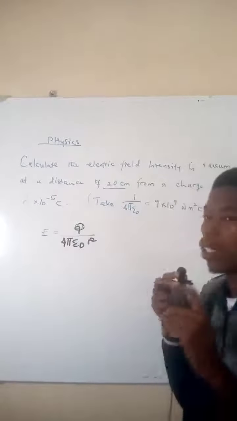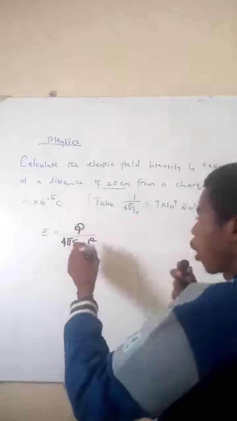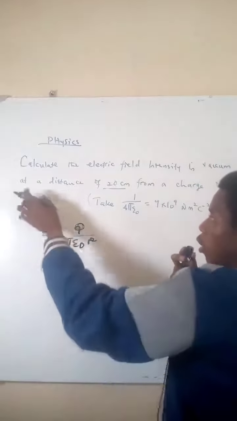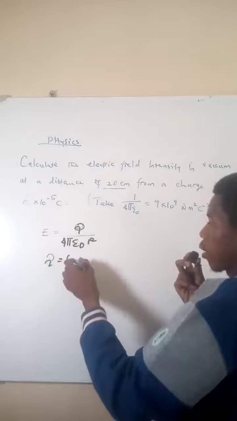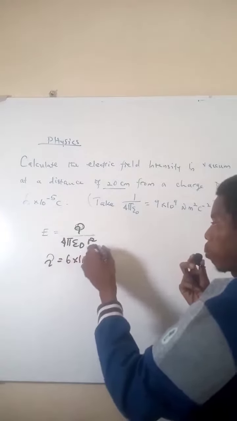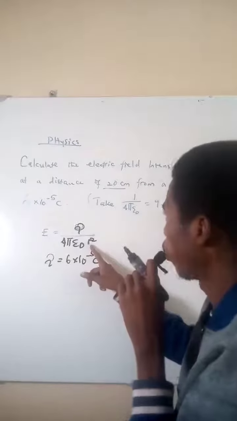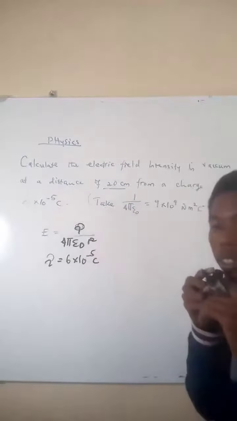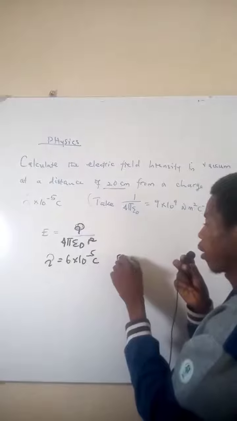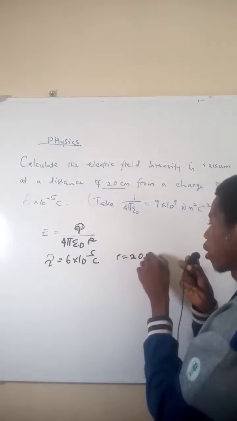So abin da a nan shine the value of Q shine wannan 6 exponential negative 5 coulomb, sannan value na r square shine 20 centimeter, r equals to 20 centimeter.